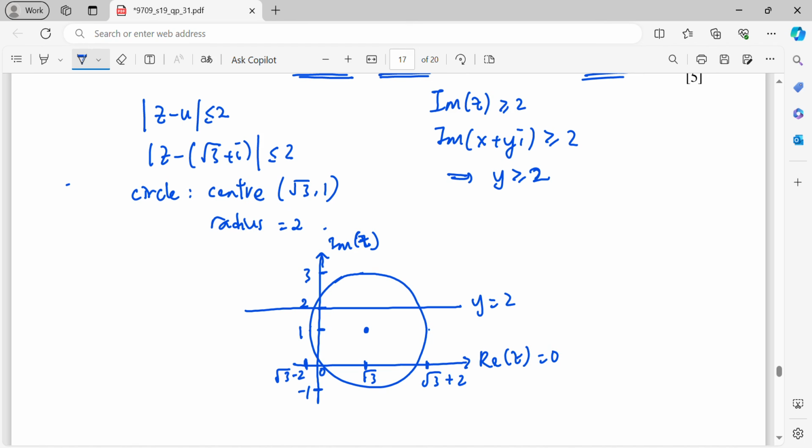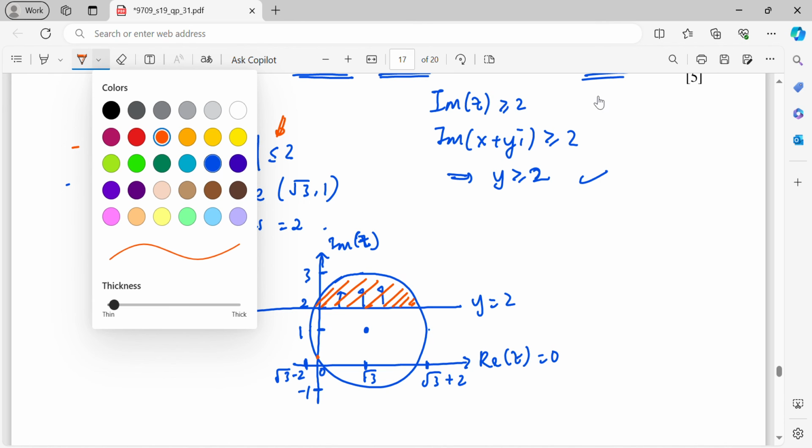Now when you look at the inequalities, y is at least 2 means above the line, but less than or equal to 2 means that it will be inside the circle. So obviously the region is over here. I need to find out when x equals 0 whether my y is positive or negative. Because I just simply sketch, I quickly do a checking here.